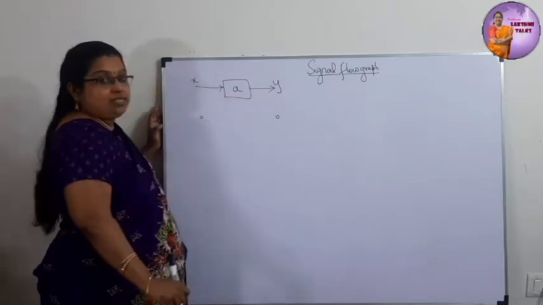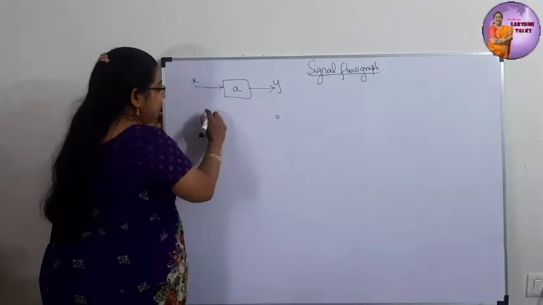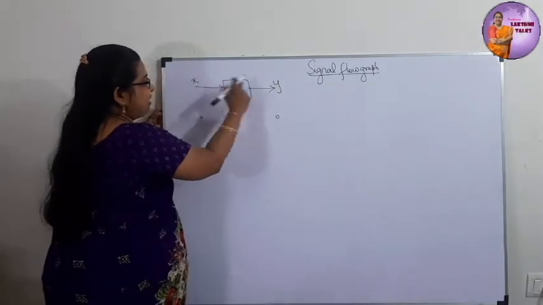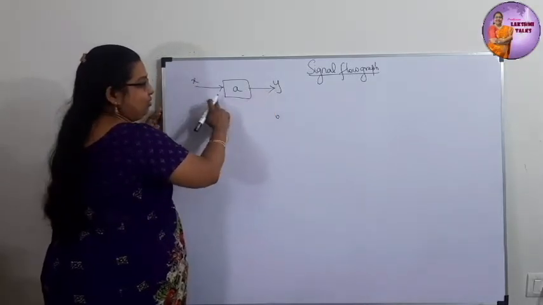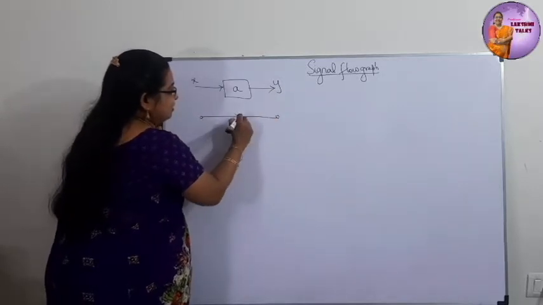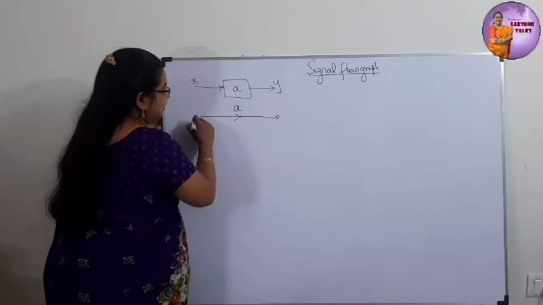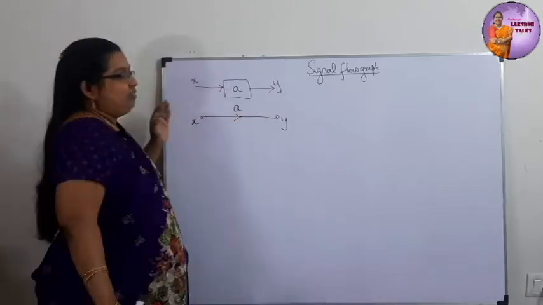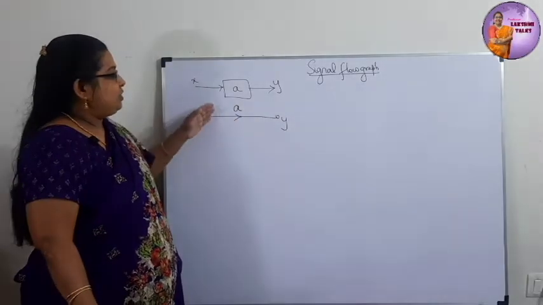The flow is from X to Y through this A. So this is the signal flow graph representation of a block diagram.